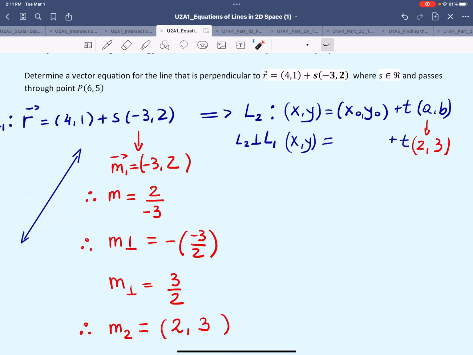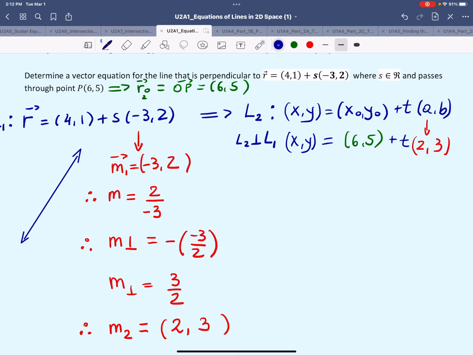So if you are asked for any perpendicular, then you can very easily use any point. But in this case, we're asked to find a perpendicular that passes through (6, 5), which means that the position vector r0 for the second line would be equal to the vector OP, which is (6, 5). So (6, 5) is what goes in for (x0, y0).